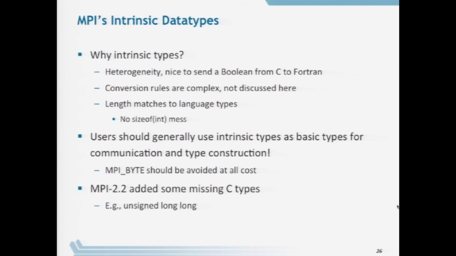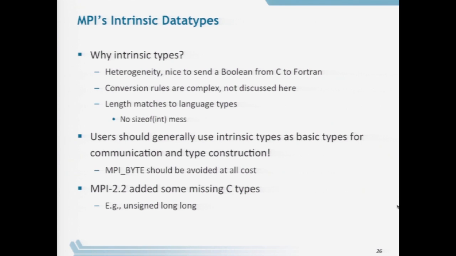When MPI started, there were lots of systems with different data representations. There still are, mostly having to do with byte order or byte length. There's fewer places where people build an MPI program that spans systems with multiple data representations. But it also means that you don't have to worry about how many bytes are in an int.